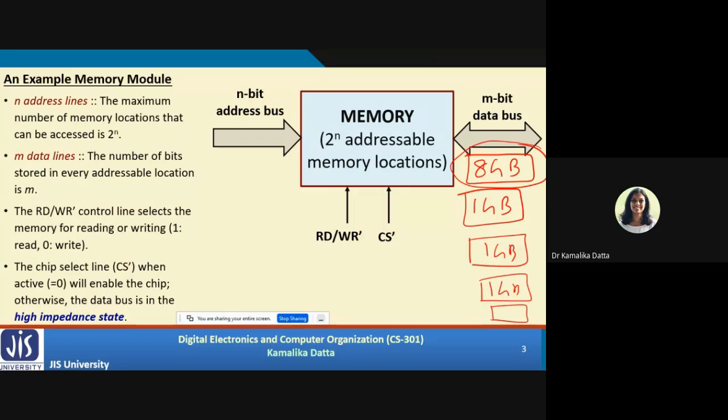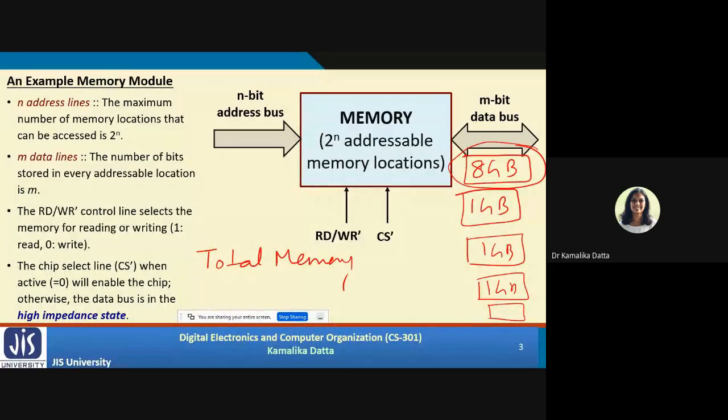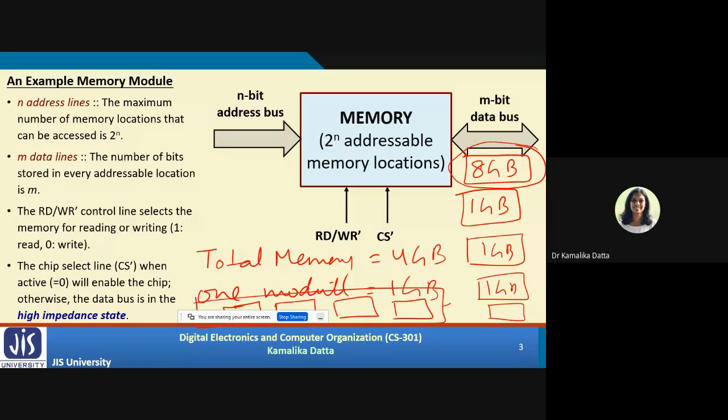So if your total memory is say 4 GB, and one module is 1 GB, then you may require 4 such 1 GB modules so that your entire 4 GB is built.